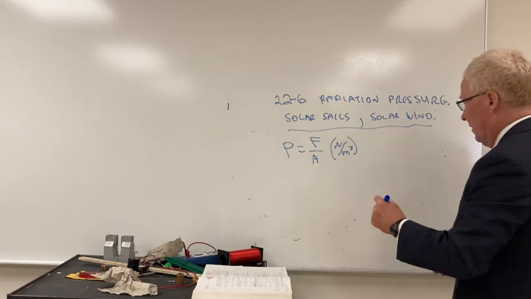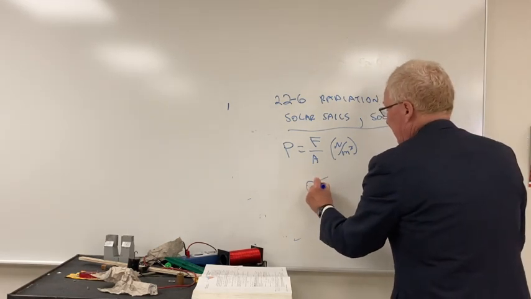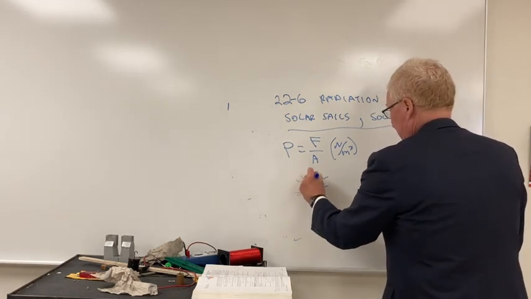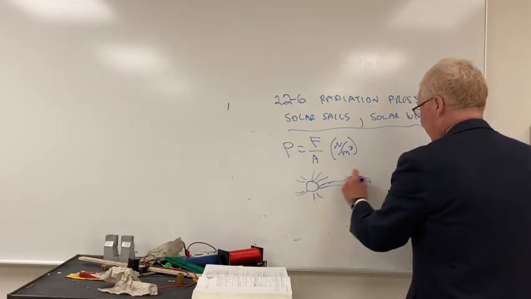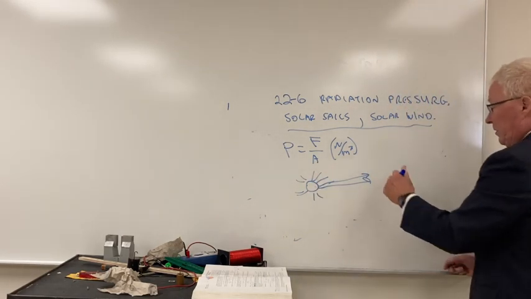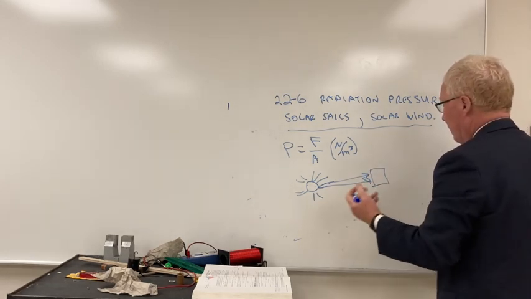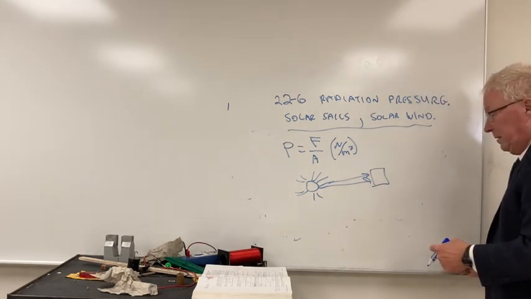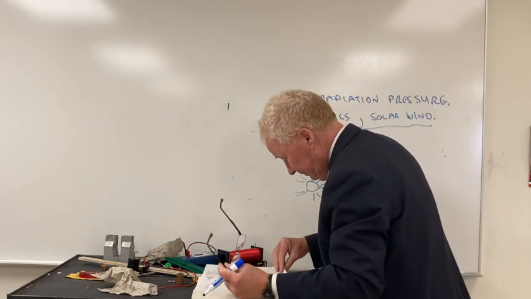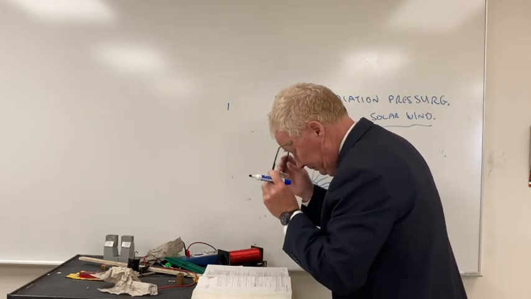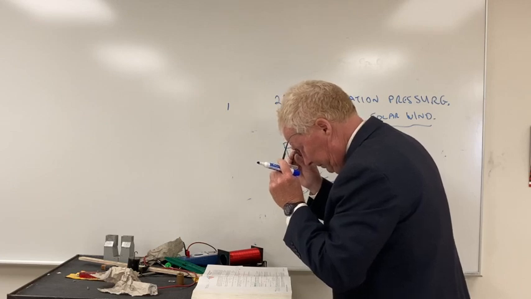If we have, say, sunlight, light exerts pressure. The light coming out exerts the pressure on, say, a sail or whatever.